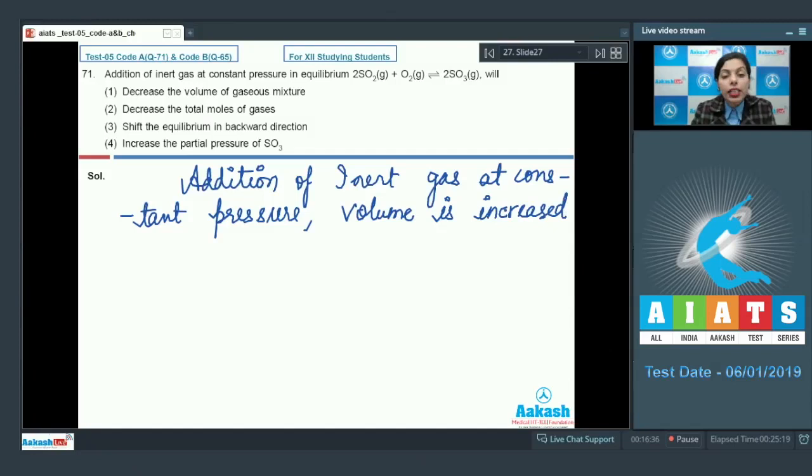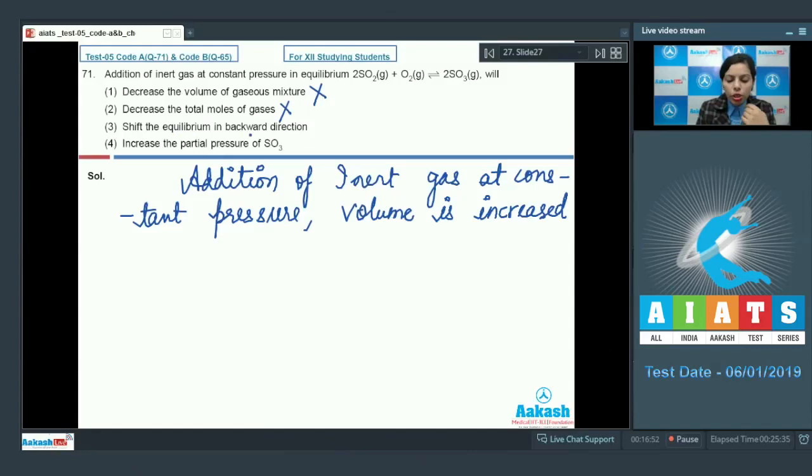And if volume is increased, it means the first option that says decrease the volume of gaseous mixture is wrong. Now, if volume is increased, then definitely the total moles of gases would also be increased. So the second option is also wrong, that says decrease the total moles of gases.